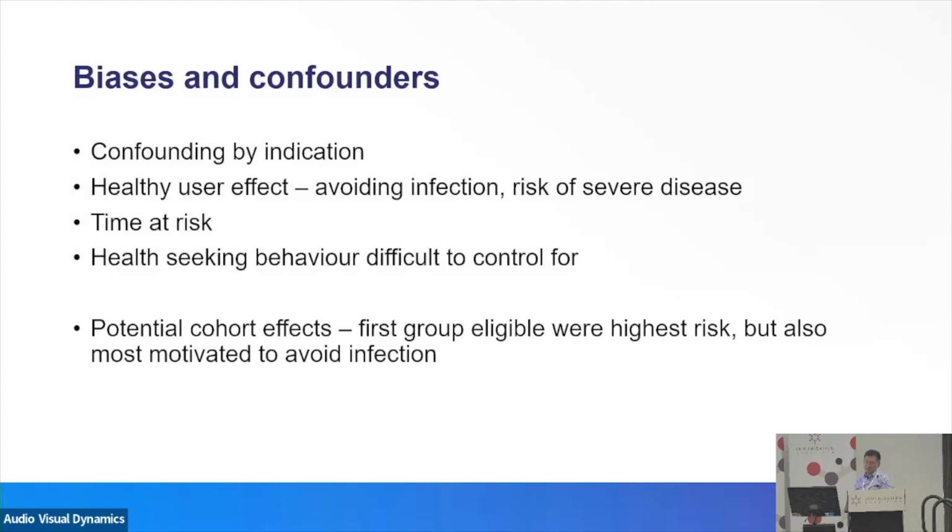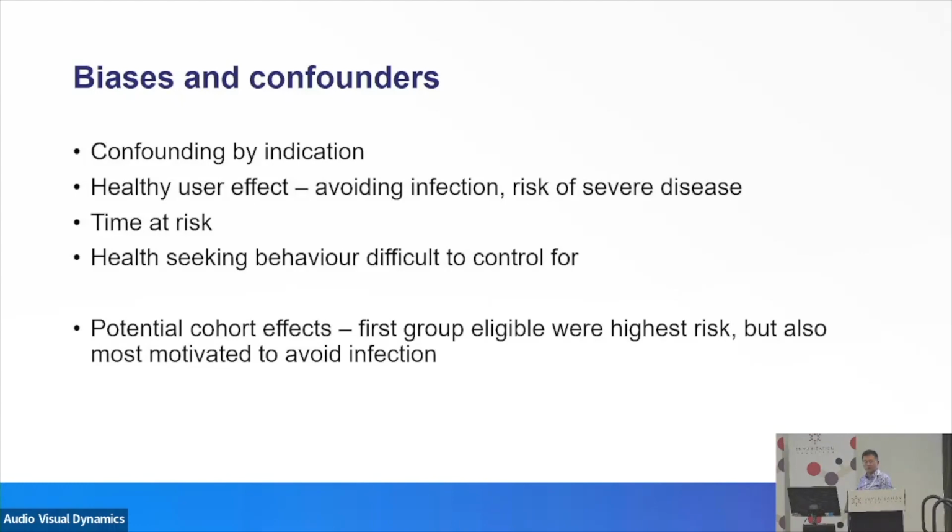The most obvious confounder for influenza and for COVID vaccines is confounding by indication. We deliberately vaccinate people who are more highly at risk of getting severe disease to reduce that risk. There's a healthy user effect, which is the opposite.